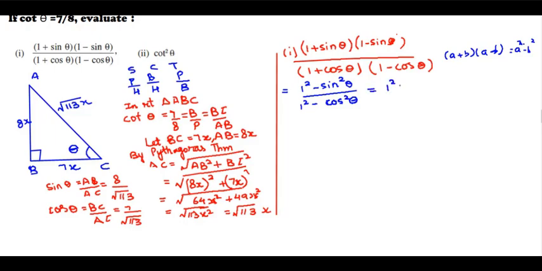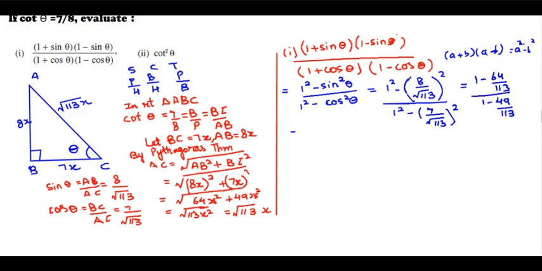Similarly, (1 plus cos theta) into (1 minus cos theta) becomes 1 square minus cos square theta. Now we will put our values in this. So it becomes 1 square minus (8 upon under root 113) whole square upon 1 square minus (7 upon under root 113) whole square. So that is equal to 1 minus 64 upon 113 upon 1 minus 49 upon 113. Now let us take LCM.